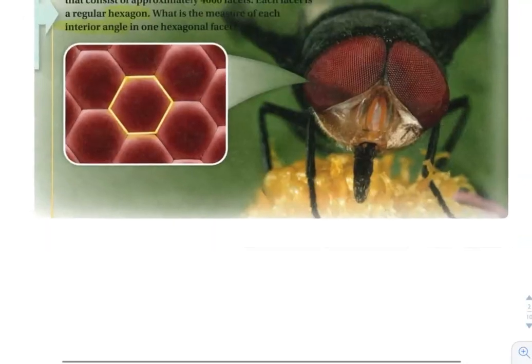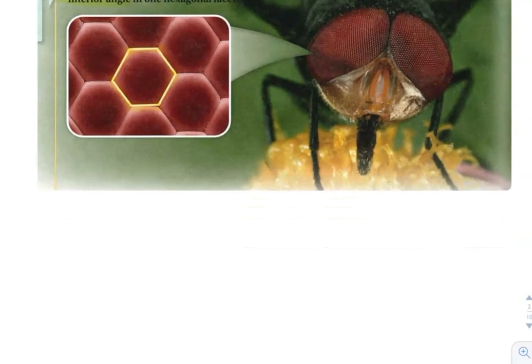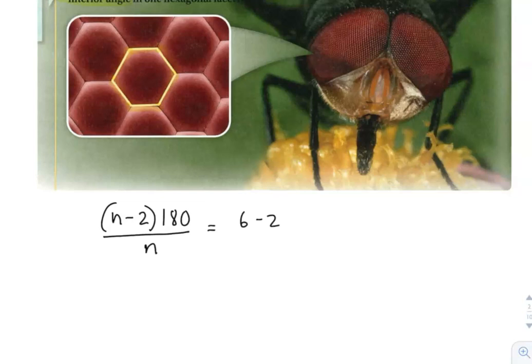Okay, so I'm going to use that formula. N minus 2 times 180. So I'll find the total degree measure, and then I'll divide that by the number of angles I have. So I have 6 minus 2 times 180, and then I will divide that by 6.